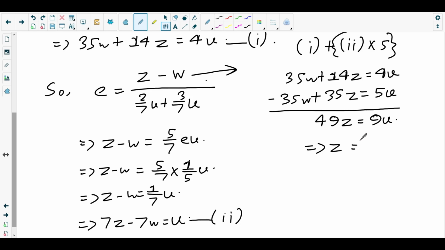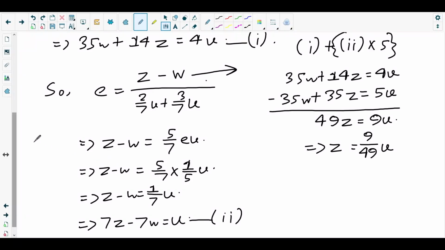So Z equals 9/49 u. That's the velocity of particle Q after the second collision.